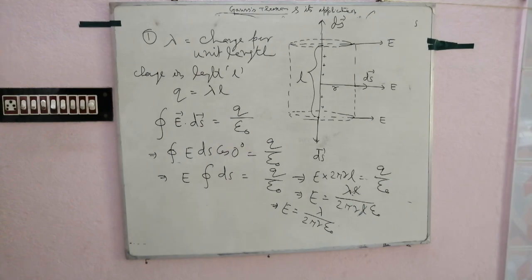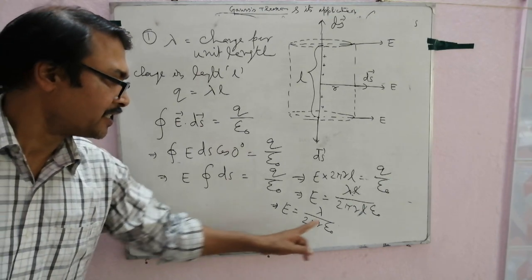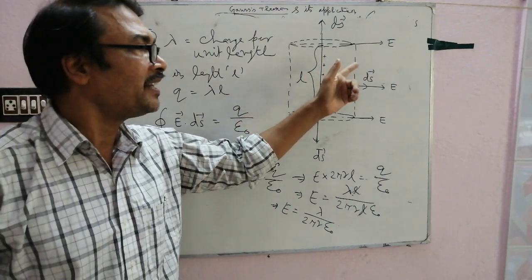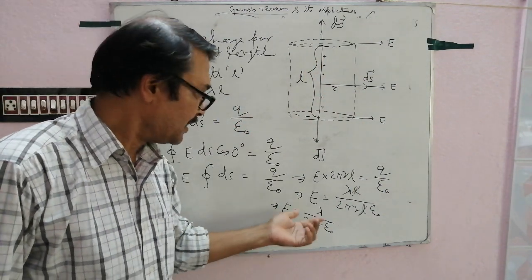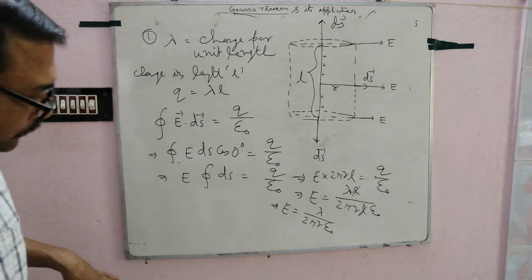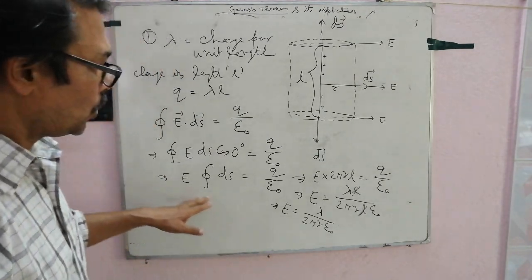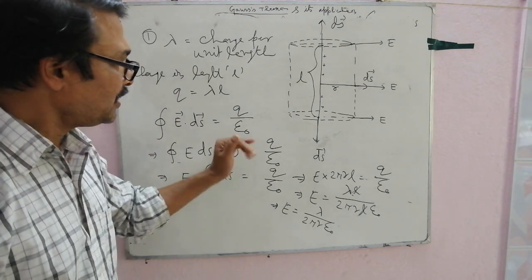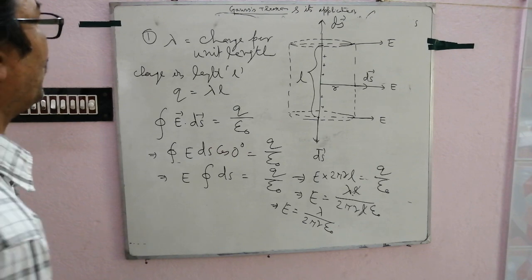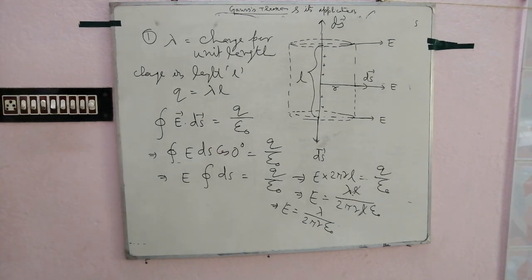Of course, in the SI system, the unit is Newton per Coulomb. If instead of vacuum there is another medium with dielectric constant K, the result will be lambda by 2 pi r K epsilon naught. Clear? So this is the first application of Gauss's theorem. Now, next item, note it.